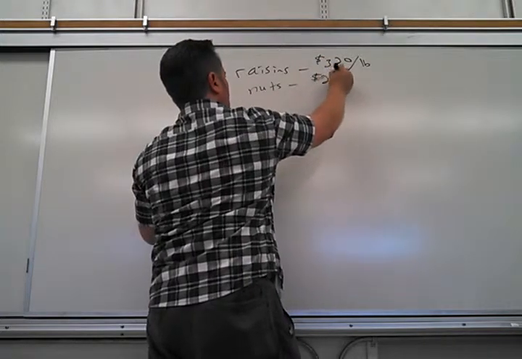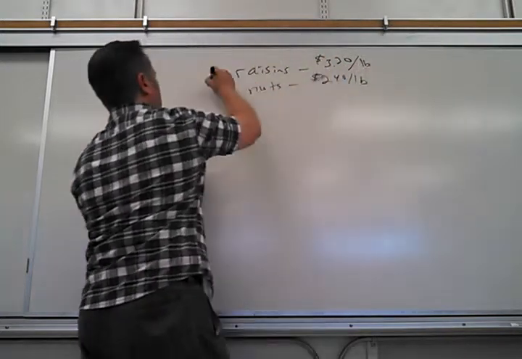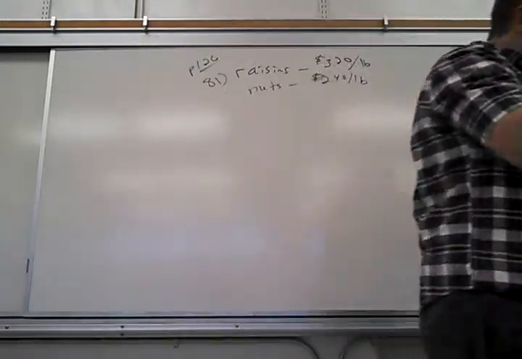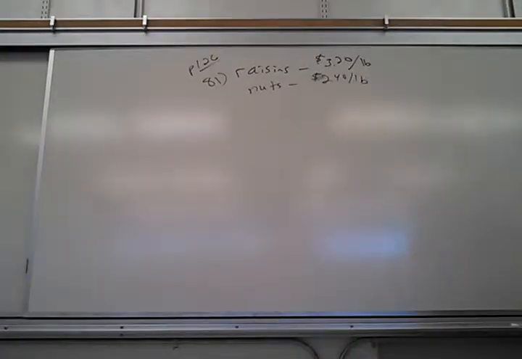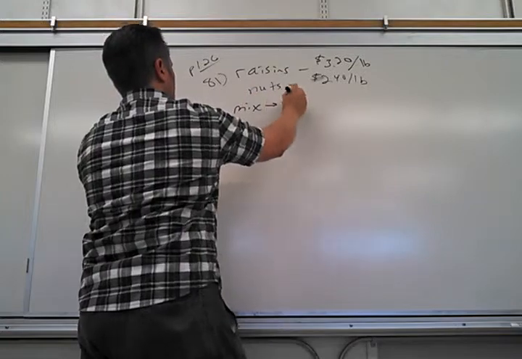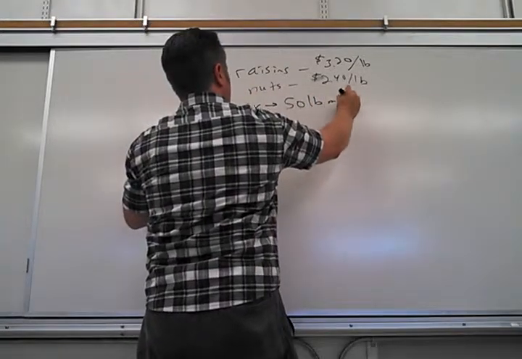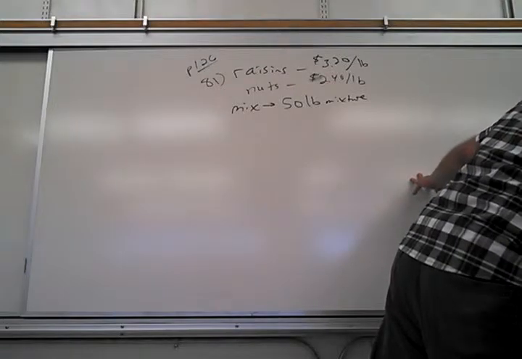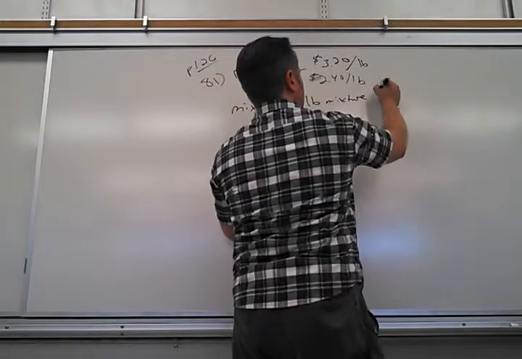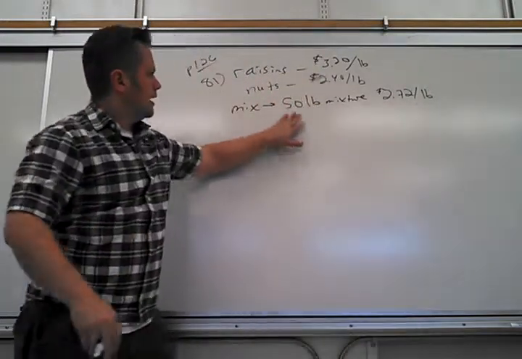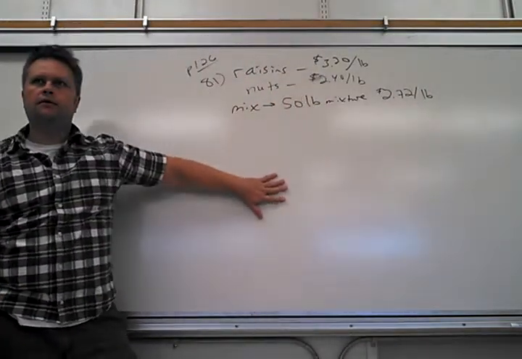Number 81, page 126. He decides to mix them and sell 50 pounds of the mixture for $2.72 a pound. The very exacting science of the raisin and nut industry.